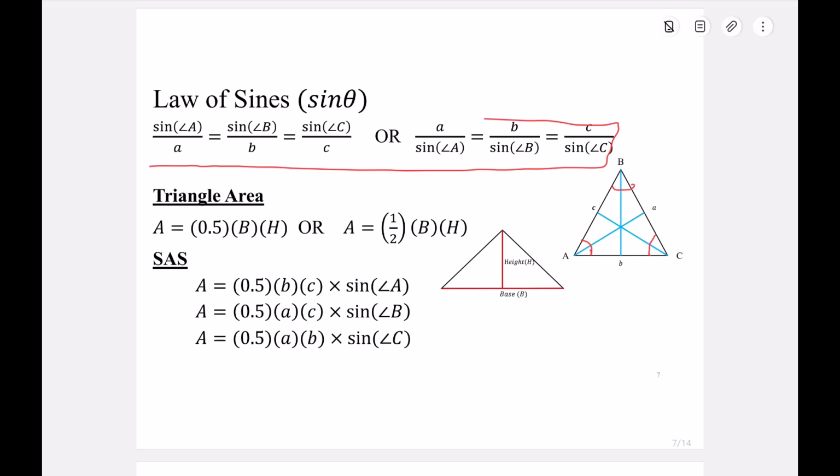And so we don't typically have to use all 3. Let's say that we know angle A and we know side A and we know angle C. We could use sine of angle A over A is equal to sine of angle C over C. And so we know that we have an angle for angle A, so we're just going to put that as theta for right now.